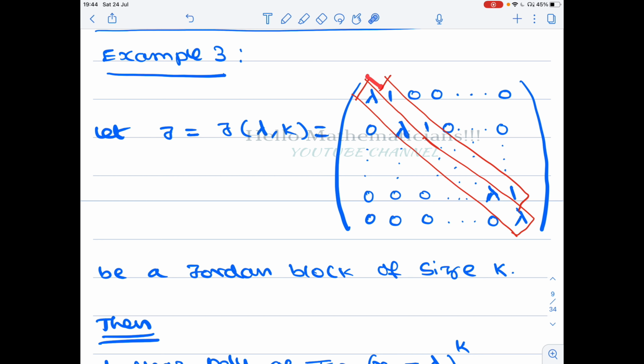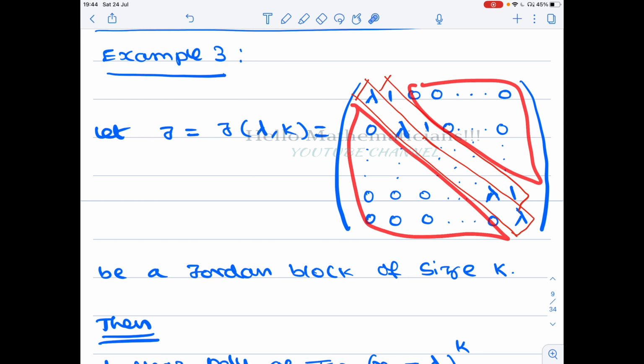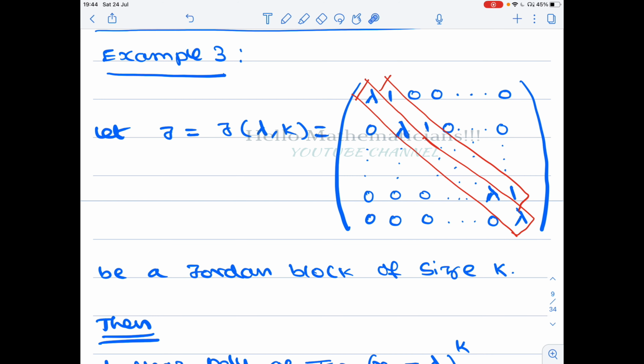And in the next diagonal, all the entries should be 1. The remaining entries everywhere are 0, and it is an upper triangular matrix. Such a matrix is called a Jordan block. It is said to be a Jordan block corresponding to the diagonal value lambda, and this is a k by k matrix. So it is a Jordan block of the eigenvalue lambda and of size k. It is denoted by J(lambda, k).